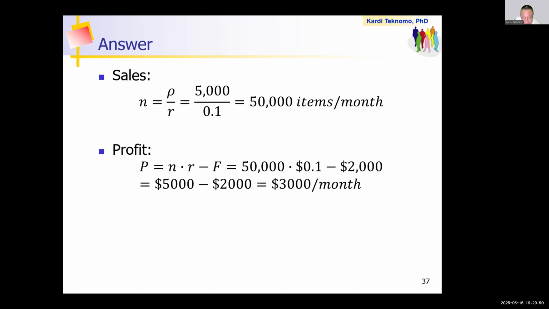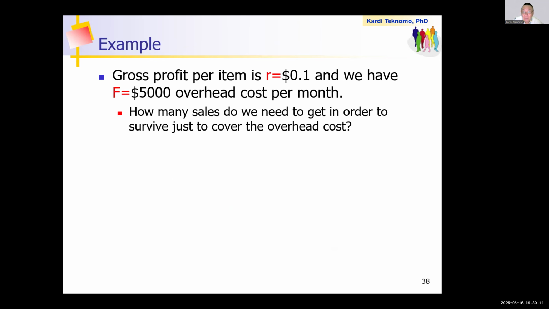So again, if you know the gross profit per item, small r here, and the fixed cost, then you can calculate how much the sales are.